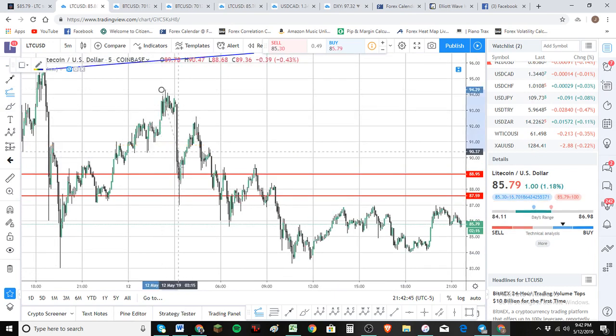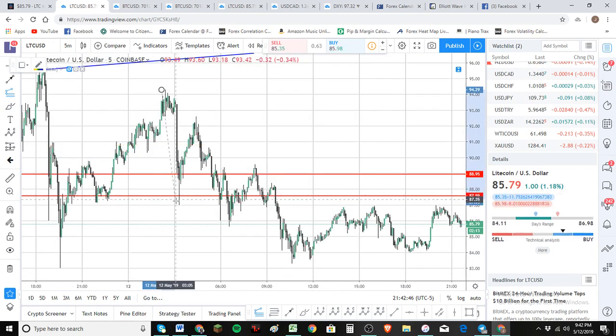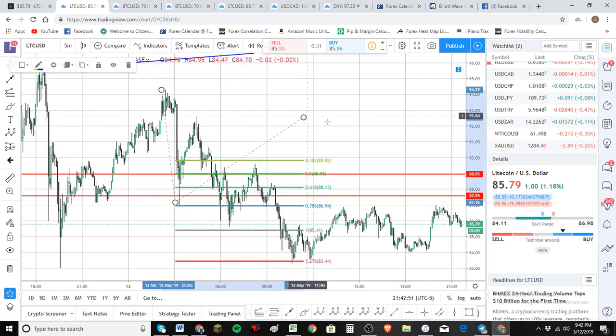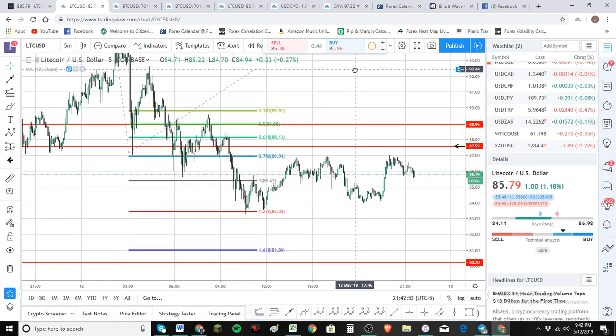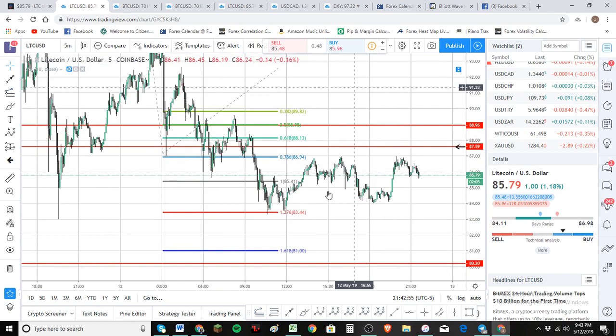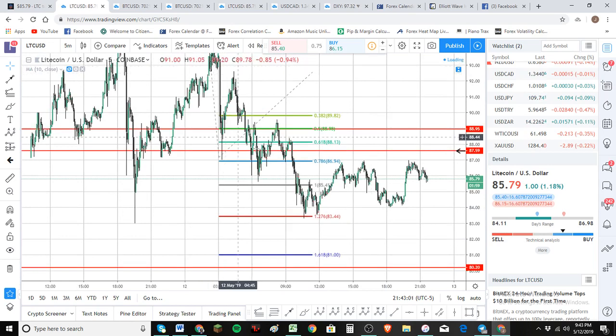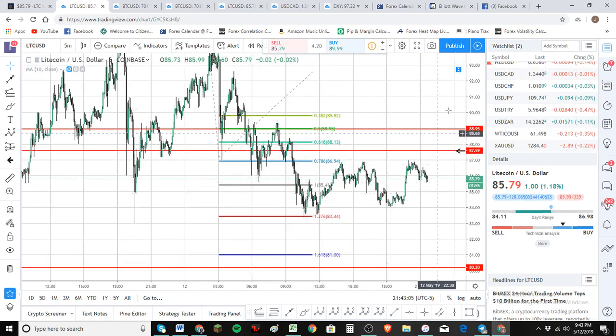Okay, so we're going to come down here to the 1 wave, up to the 2, put the fib extensions on it. And you'll notice that this actually comes to the 1276, which is a corrective. So this could be done. This could be a 1, 2, 3, 4, 5, and this is complete. And then we're going up from there. That's a possibility, but I think unlikely.